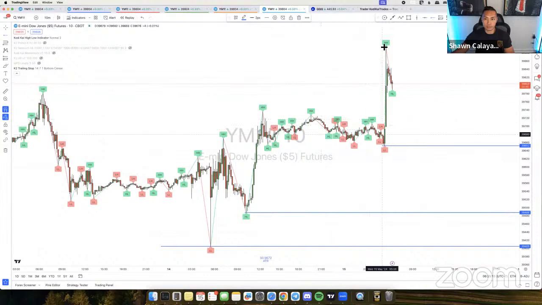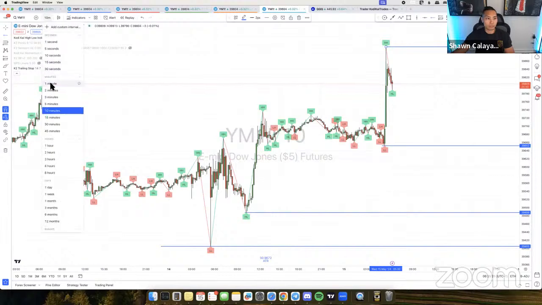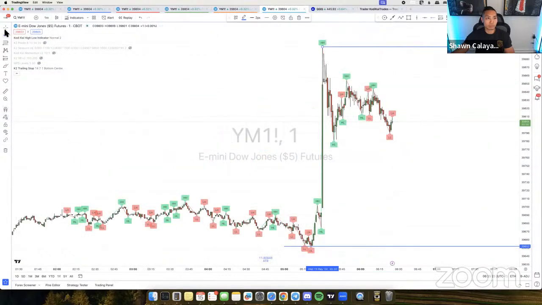Obviously, this news candle here kind of pushed price away, guys, so things are pretty spread out. And now back to the 1 minute.